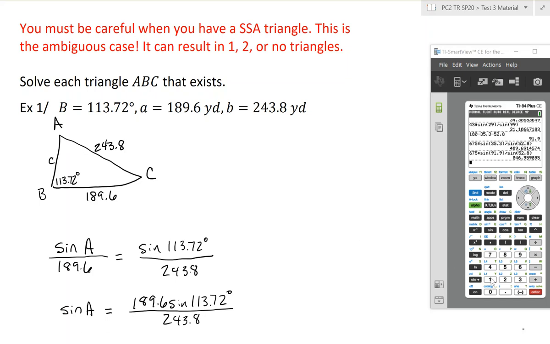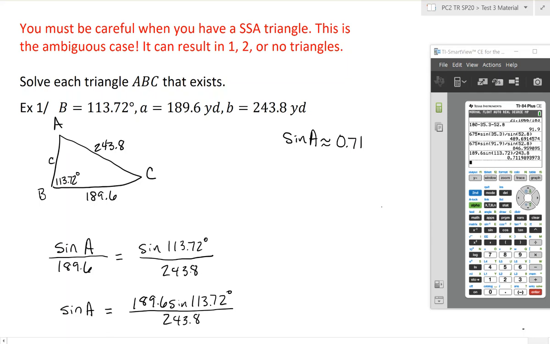All right, let's put that in. 189.6 times the sine of 113.72, close the parentheses, divided by 243.8. And we get the sine of A is approximately 0.71.